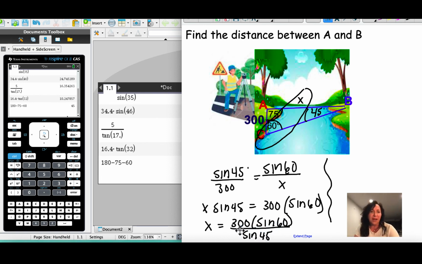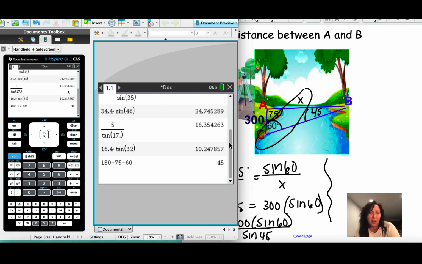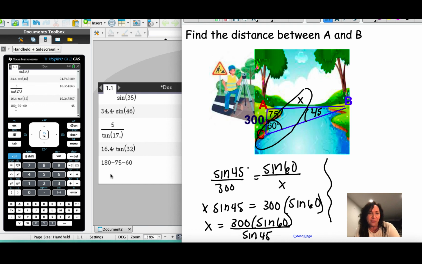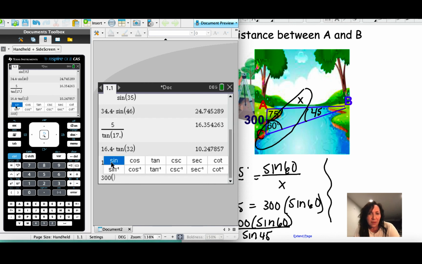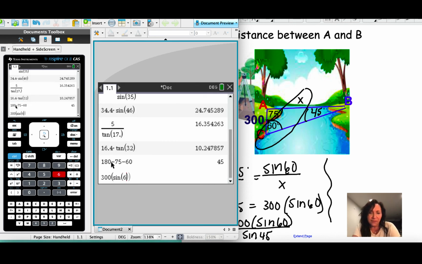So if I use my calculator, which I'll do first, I've got 300 times sine of 60, divided by sine, I'm going to go parentheses again.